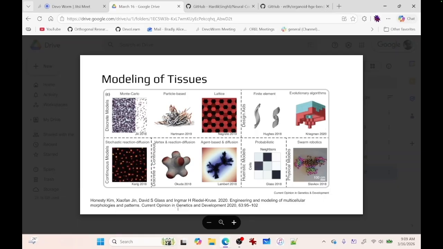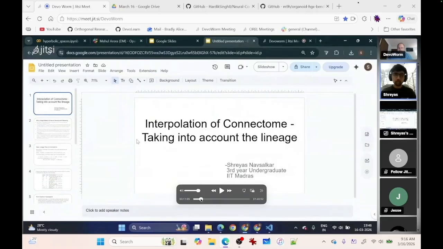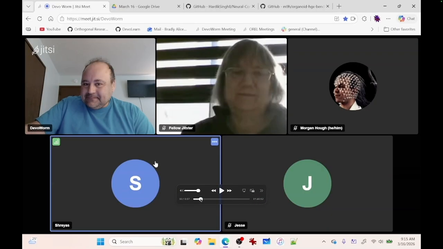So, there are these different types of discrete models, there are continuous models, there are mixes of discrete and continuous models, there are heuristic models, physical models, and then design aids, which include finite element analysis and evolutionary algorithms. So that was just something I wanted to talk about. And then Susan had some things to say about that.